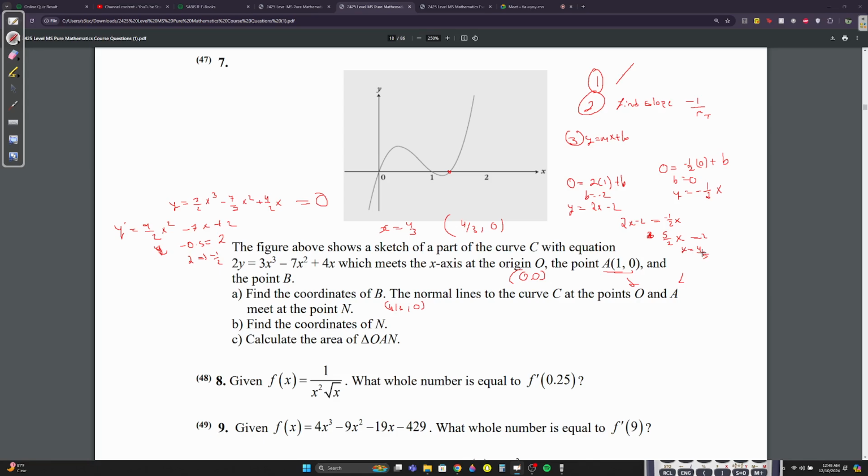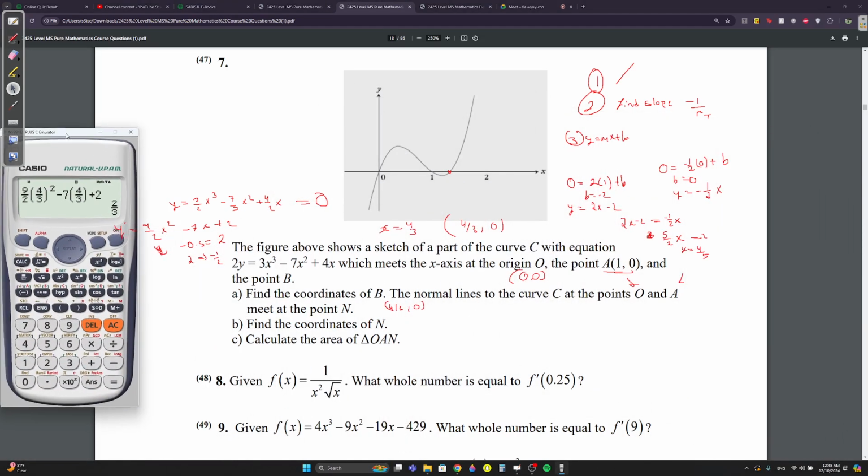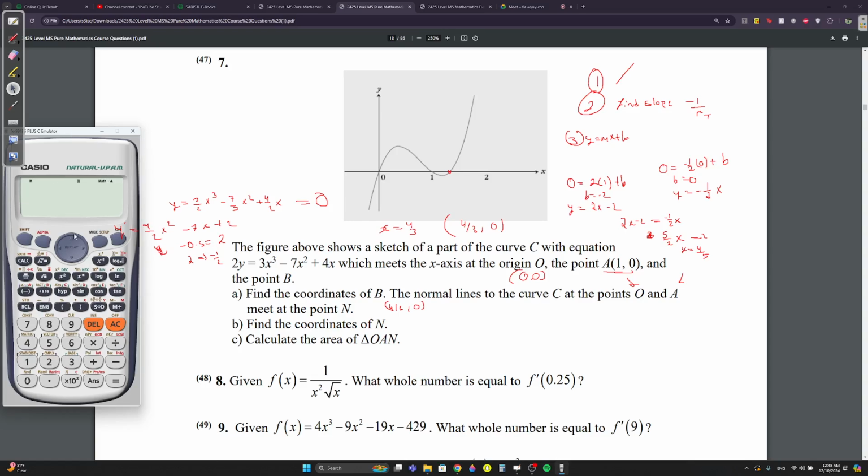Then we need to find its y, so we go back and substitute 4 over 5.